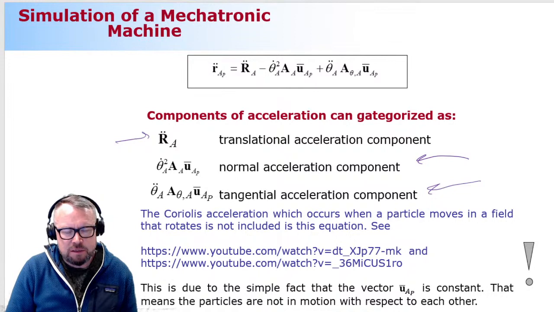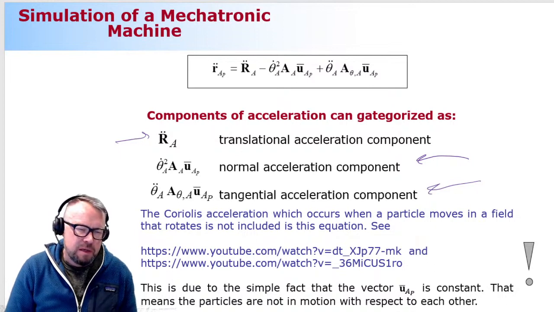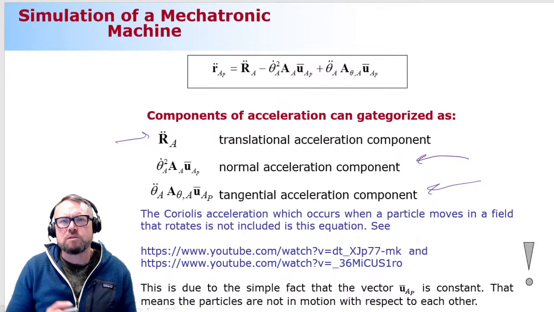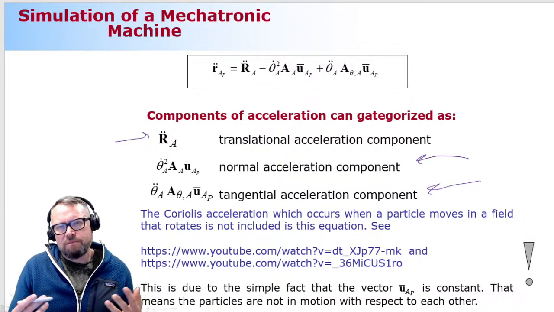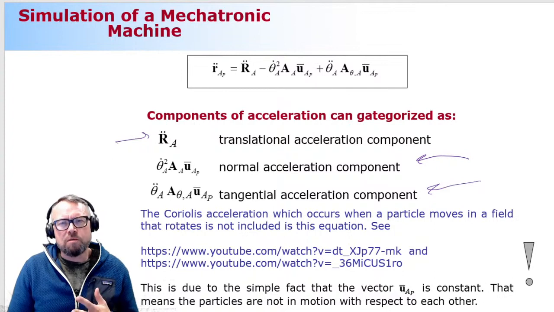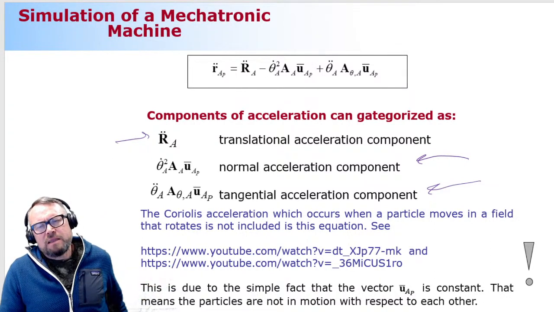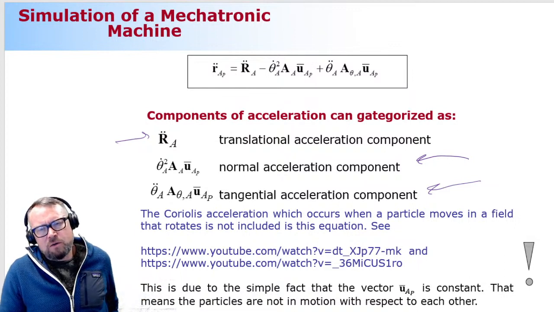Sometimes somebody asks, okay, what about the Coriolis acceleration? Where's the Coriolis acceleration? Well, it depends what you mean by Coriolis acceleration. In this kind of mechanical simulation we usually conduct, we don't take the Coriolis acceleration due to the rotation of Earth into account. Yeah, it is a kind of simplification, because if I move from here where I'm sitting at the moment to my office door, in theory I'm experiencing Coriolis acceleration.